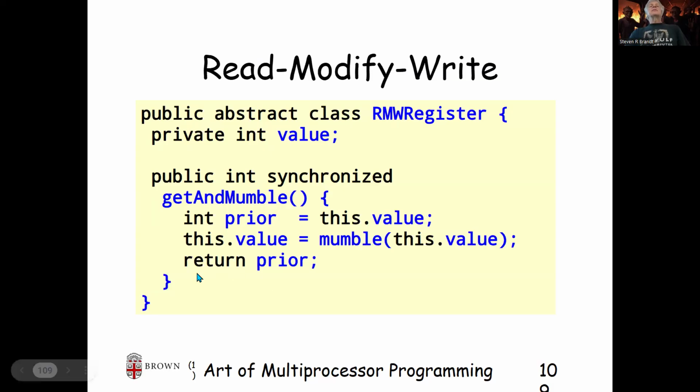If you want to think about this in a Java implementation, you can call it a synchronized method. And we're going to have get and mumble. In these slides, in this book, they like to use mumble as a whatever, a thingamabob. So we're going to do a get and mumble, and we're going to get the prior value. Then we're going to mumble the current value to get a new value, and then return the prior value. So that's how that is going to work.